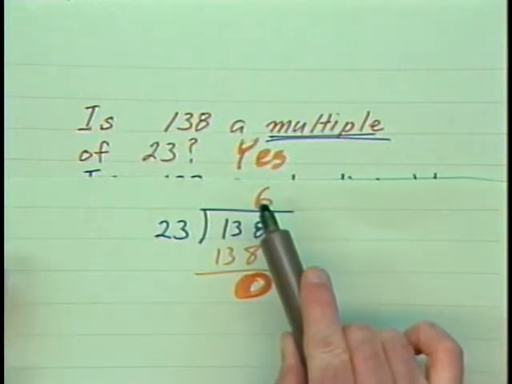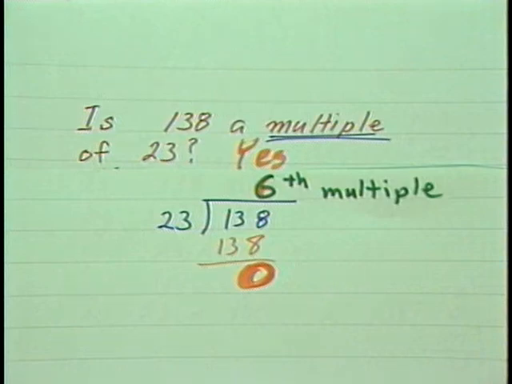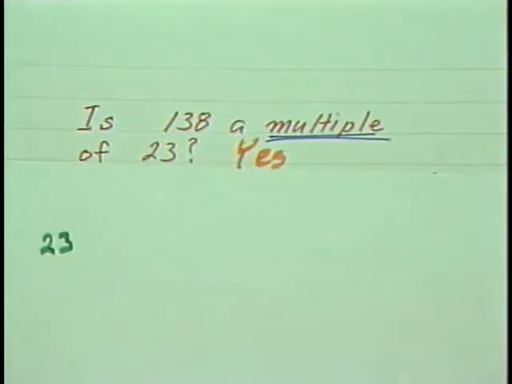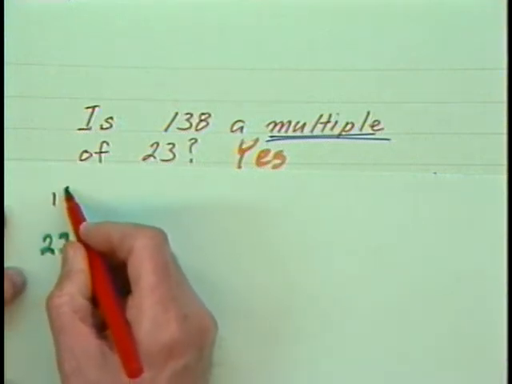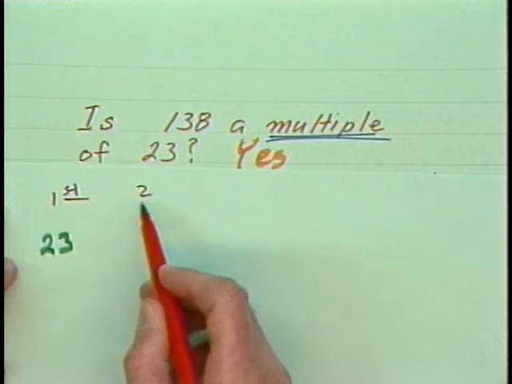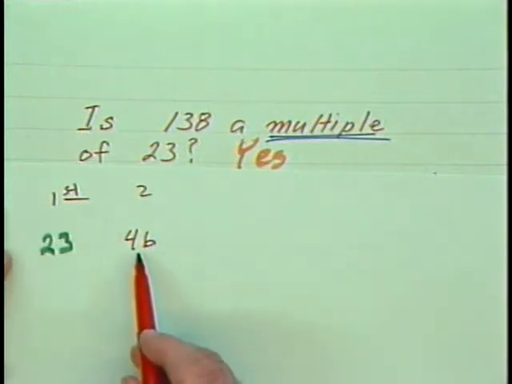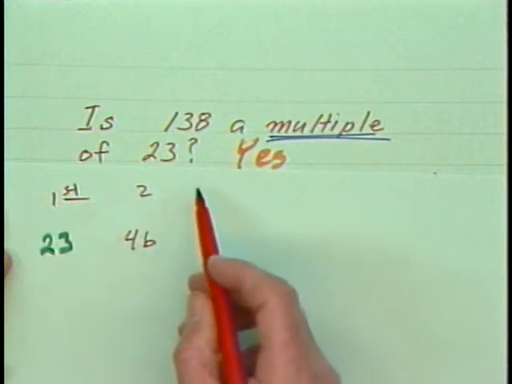In fact, 138 is the 6th multiple of 23. That is, if I were to start with 23, which is my first multiple, then 2 times 23 would give me 46, so 46 is the second multiple.